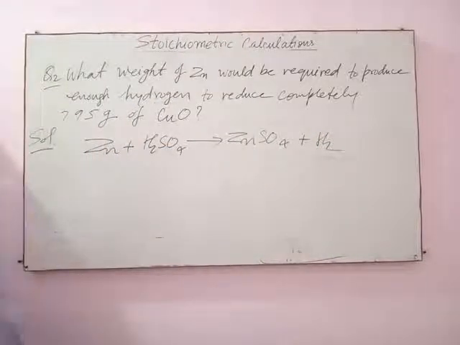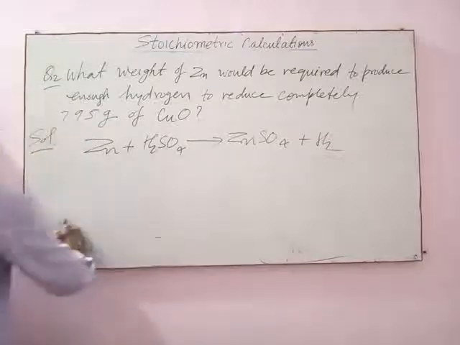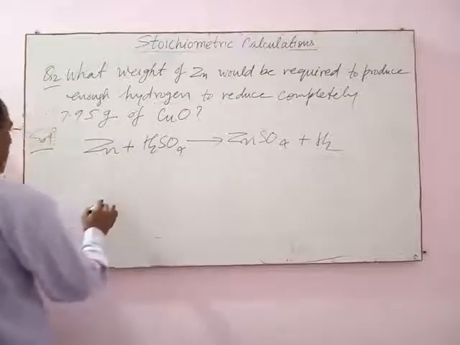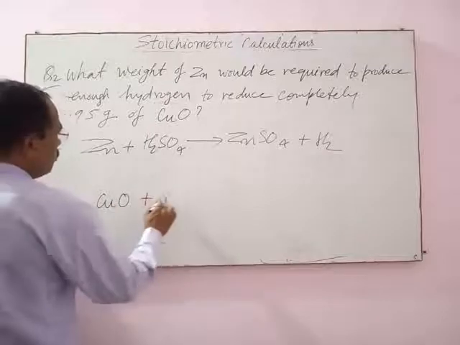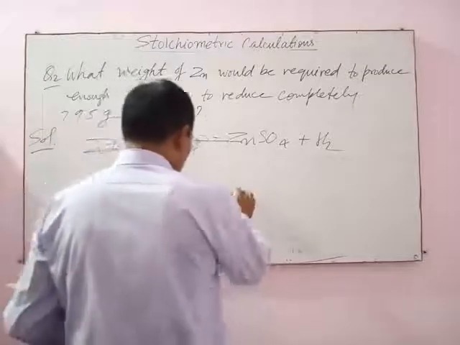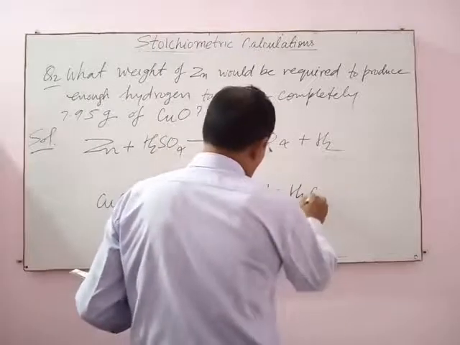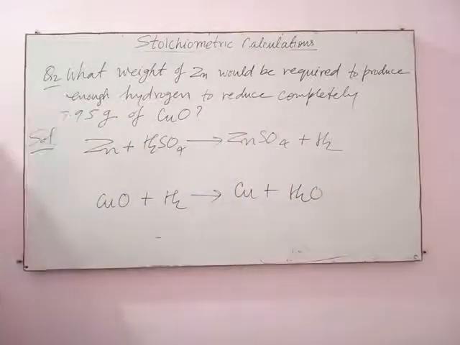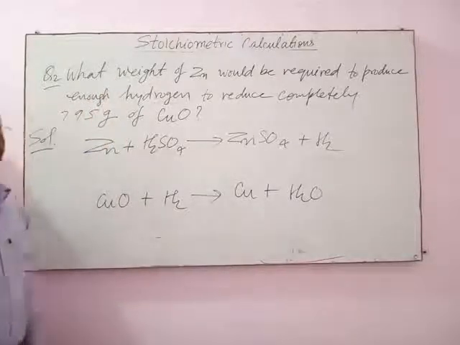And the reaction involved in the reduction of copper oxide with hydrogen is written as CuO + H2 gives Cu plus H2O. These are the reactions involved in this problem.